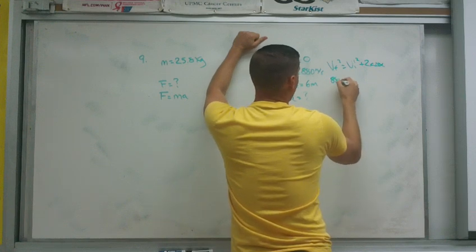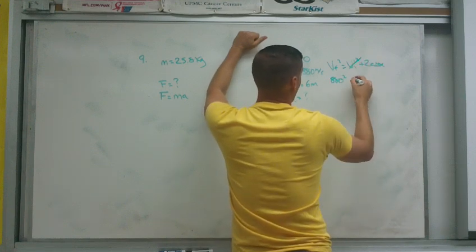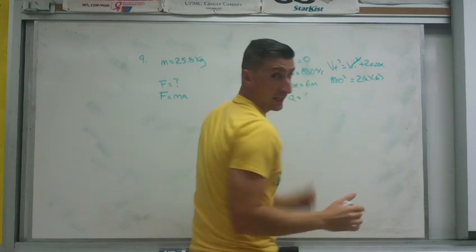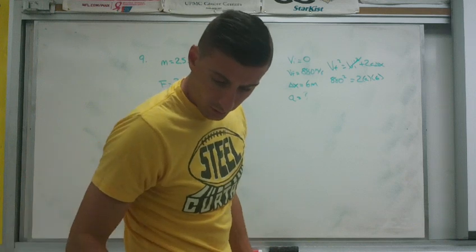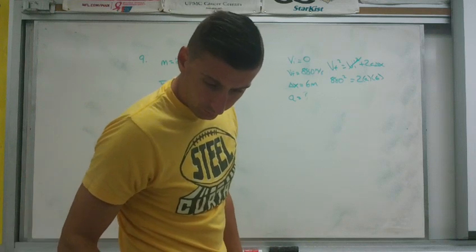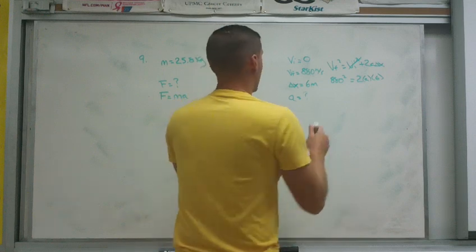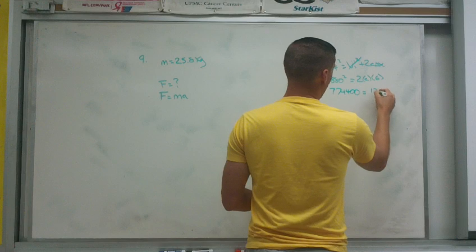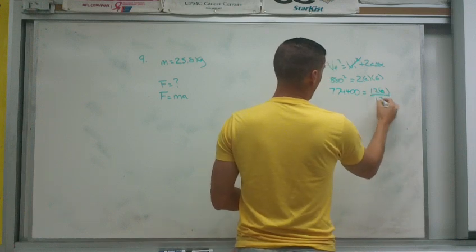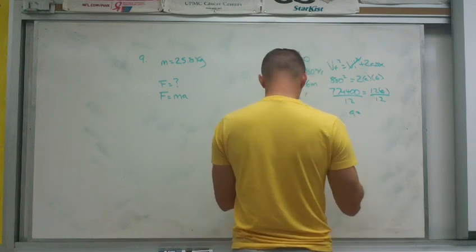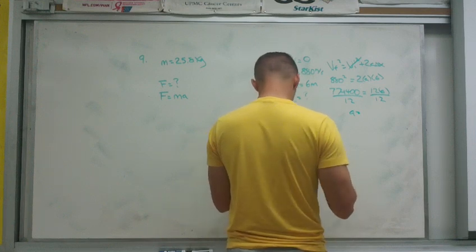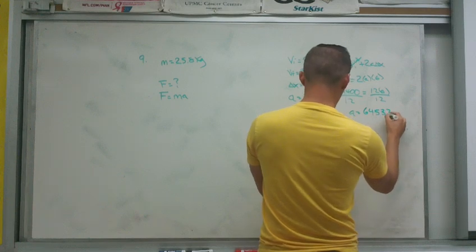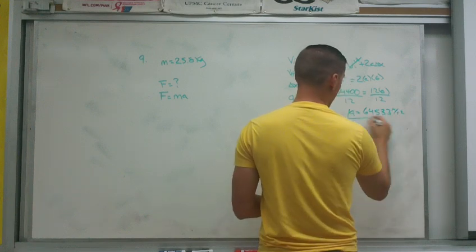Vf is 880 squared. Vi is 0, so it goes away. 2a delta x, with delta x of 6, so I get 880 squared, which is 774,400, equals 12a. Divide by 12. a equals 64,533 meters per second squared.